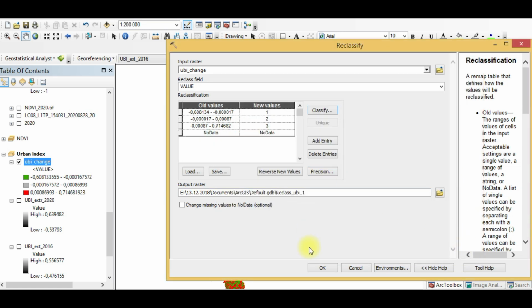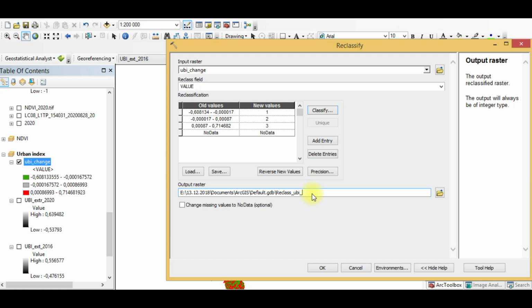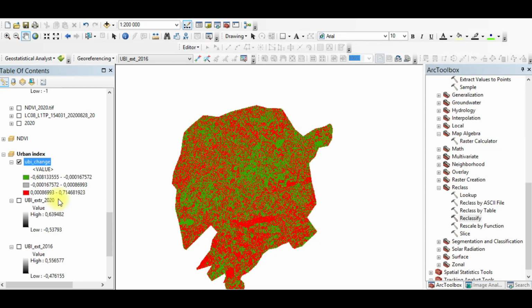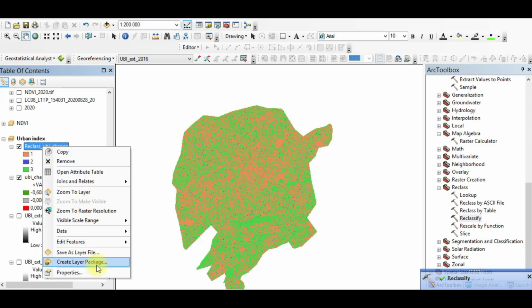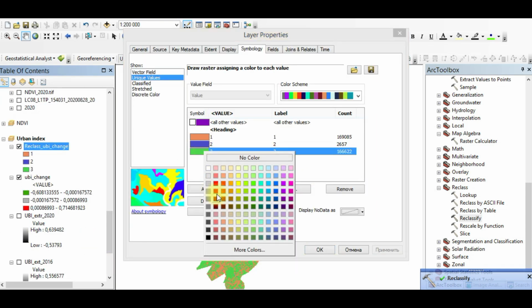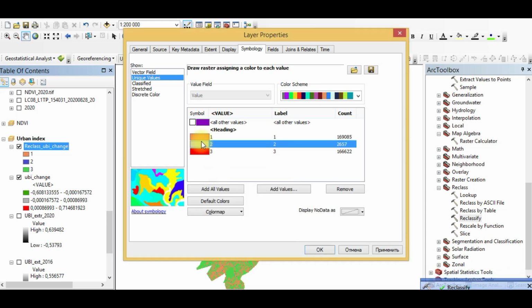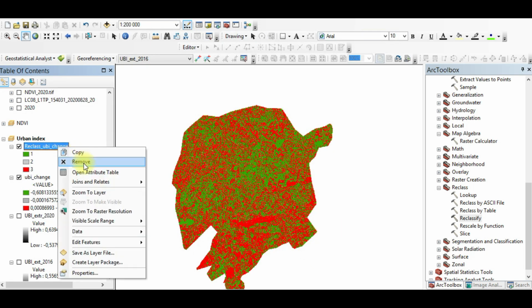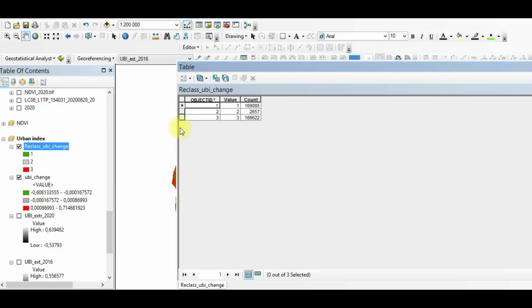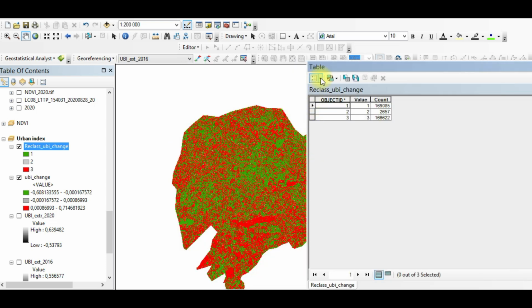Positive values. So reclass urban change, and change the colors to appropriate ones, red one, gray, and we can now again calculate the areas.